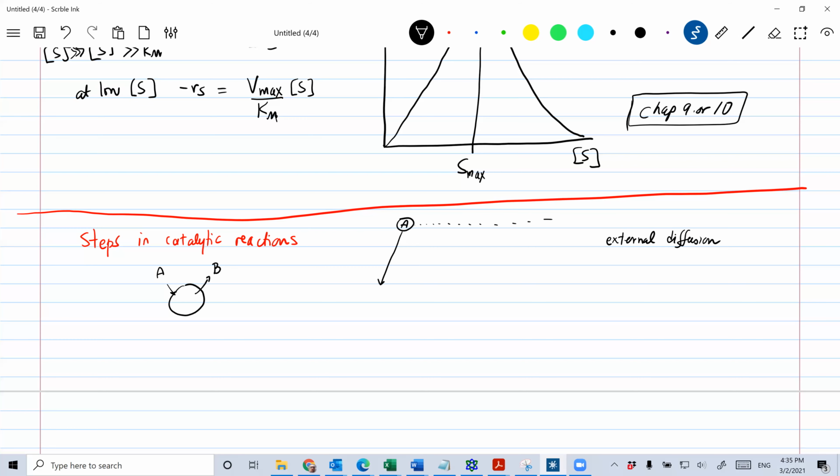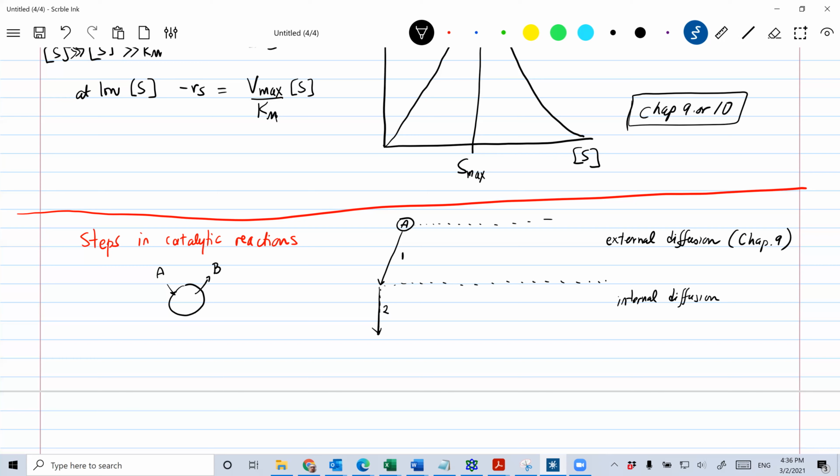This is the first step. This is your external diffusion boundary layer, and we'll talk about that in chapter 9 of the book. And then you have internal diffusion, so this is again going to be chapter 9. External diffusion has to do with the boundary layer where you have flux and diffusivity. Internal diffusion has to do with the porosity of your catalyst and the diameter of the pores and those kinds of things.